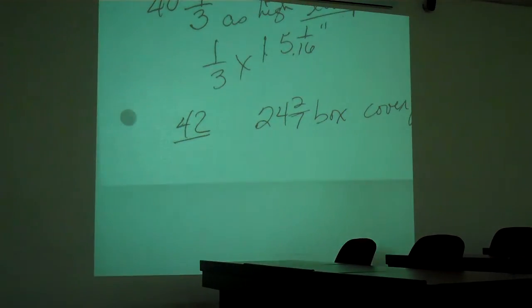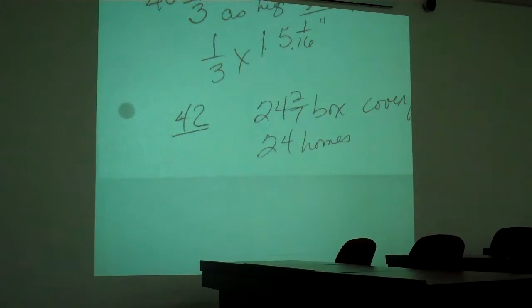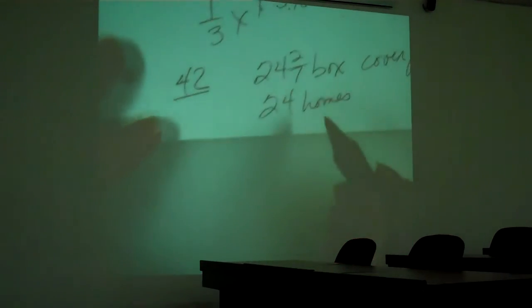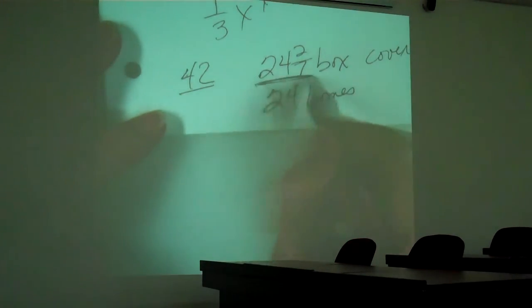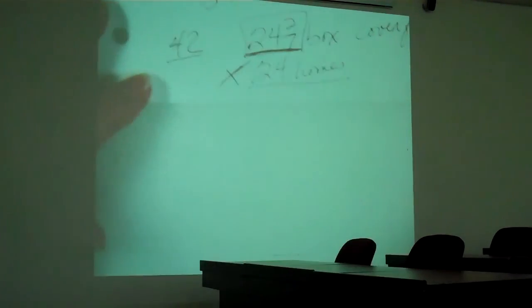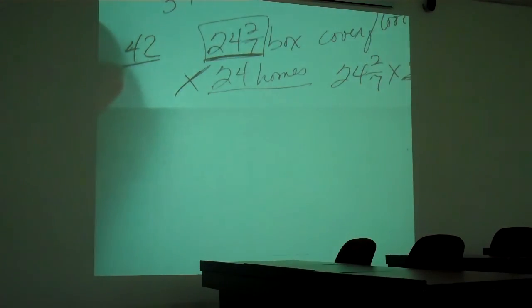If he does 24 homes, how many boxes will he need to cover all of the floors? All the kitchen floors. So this is for one kitchen floor and he's doing 24 homes, make sure you multiply those. Do 24 2/7 times 24. So it's times 24 homes.